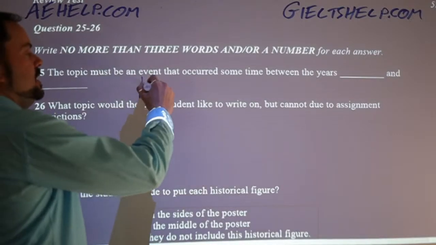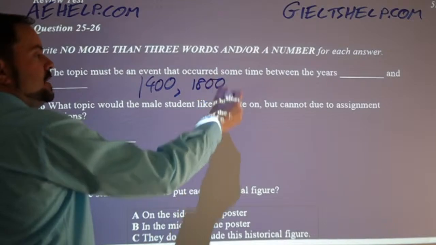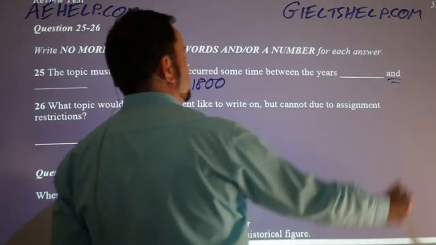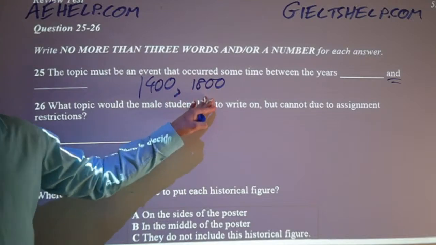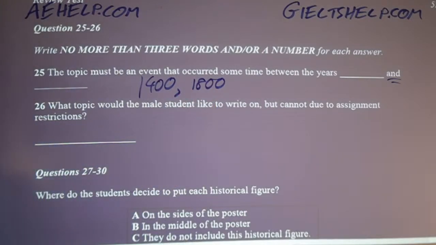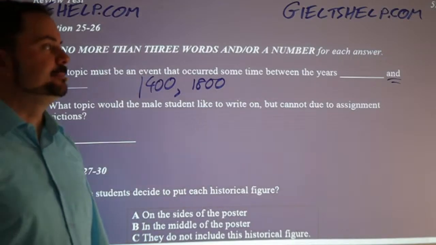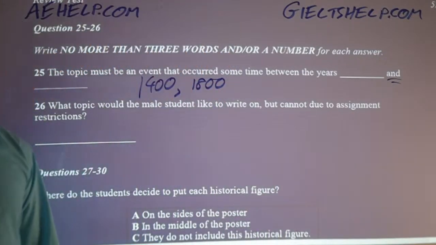Yeah, that's all you need. And you don't need the "and", maybe a comma like that, because you have the word "and" here, so you don't need it. You just simply need these two numbers, 1400, 1800. Yeah. Okay. 15th and 19th century. Okay. Very good. It looks like a lot of you got that. Excellent.